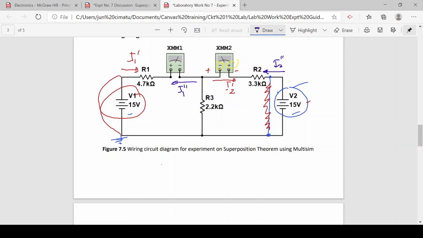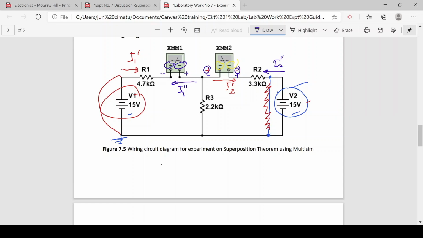And you have to return the polarity of the ammeters. Ammeter 2 would now be positive and this would be negative. Now you have to interchange the polarity of ammeter 1. This would be positive and this would be negative.